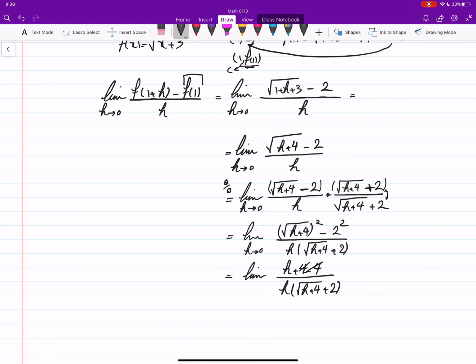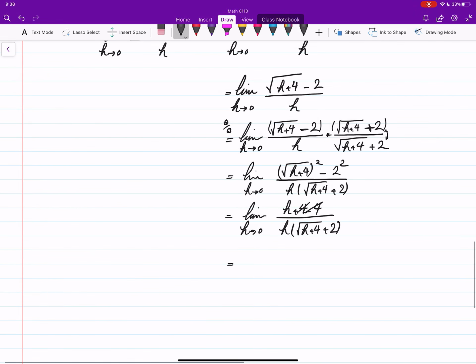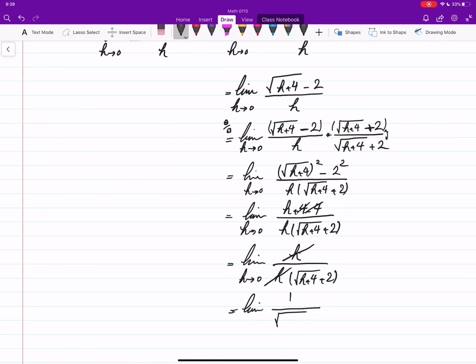And while these cancel, as h goes to 0, we get the limit of h over h times root of h plus 4 plus 2. Now the vanishing factor we have in the numerator as a factor, in the denominator we can cancel them, and we get just a nice 1 over root of h plus 4 plus 2 as h goes to 0.